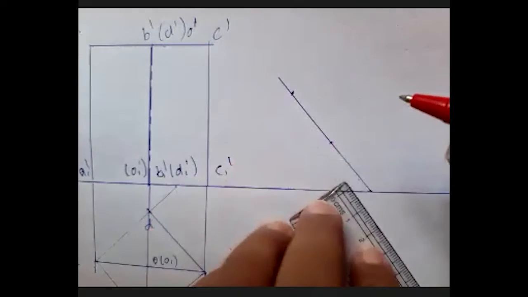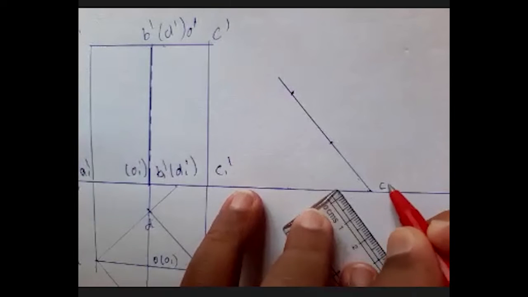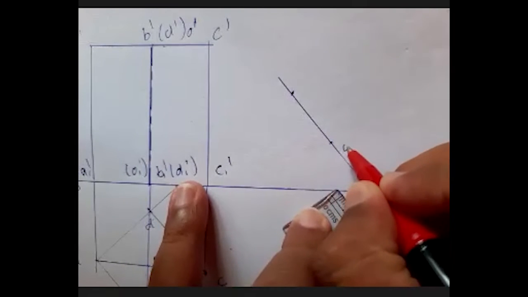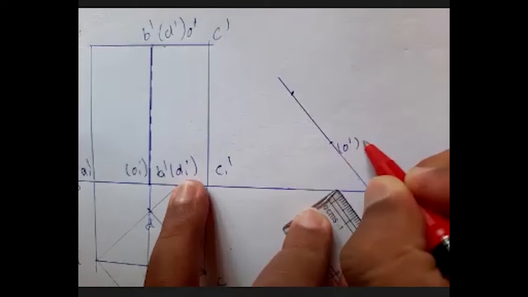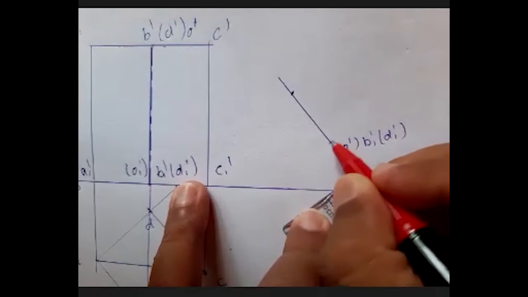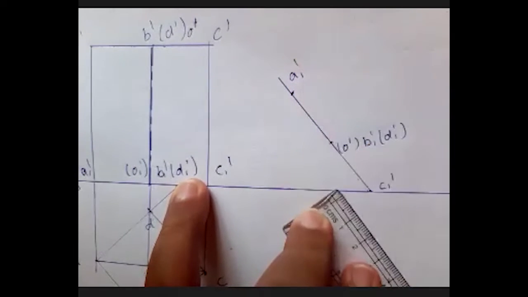This is my point. This point is C1 dash, this point here is O dash within the bracket, then B1 dash and D1 dash, and this point is A1 dash.